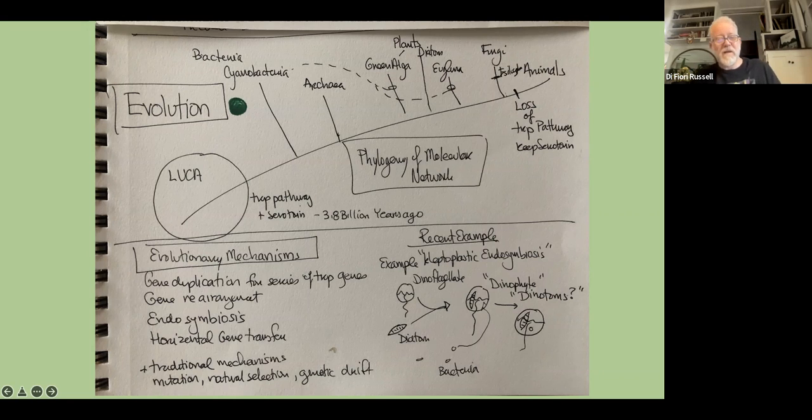This would be way down the line in endosymbiosis. It's not primary, secondary, not even tertiary. This is way down the endosymbiosis line. And obviously all the genes from the diatom go into the dinoflagellate.